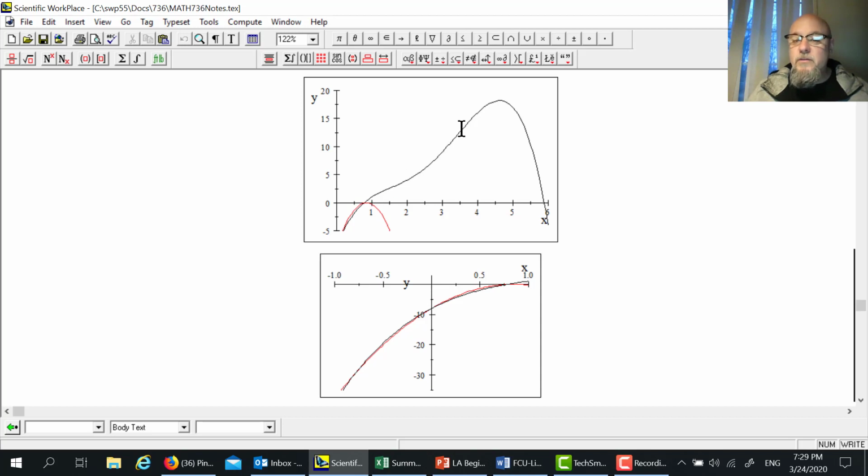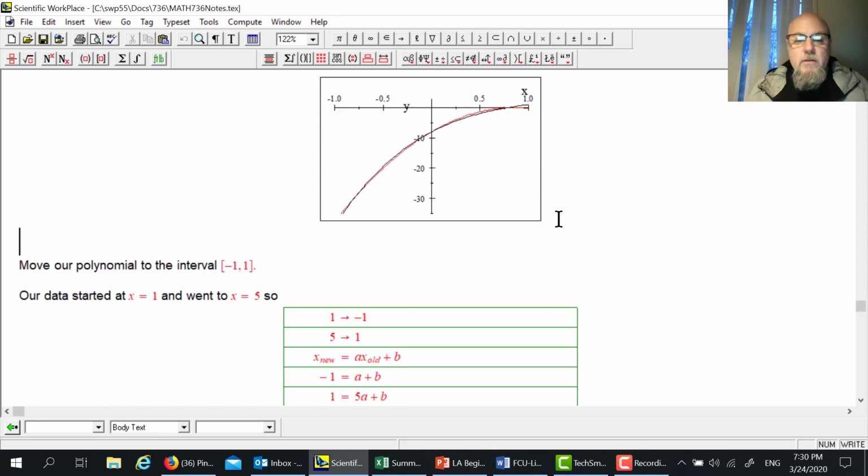So let's take this fourth order polynomial, where our data goes from 1 to 5. Let's move it over and squish it down so it fits in the -1 to 1 interval in which we're working. Our data starts at 1 and goes to 5.